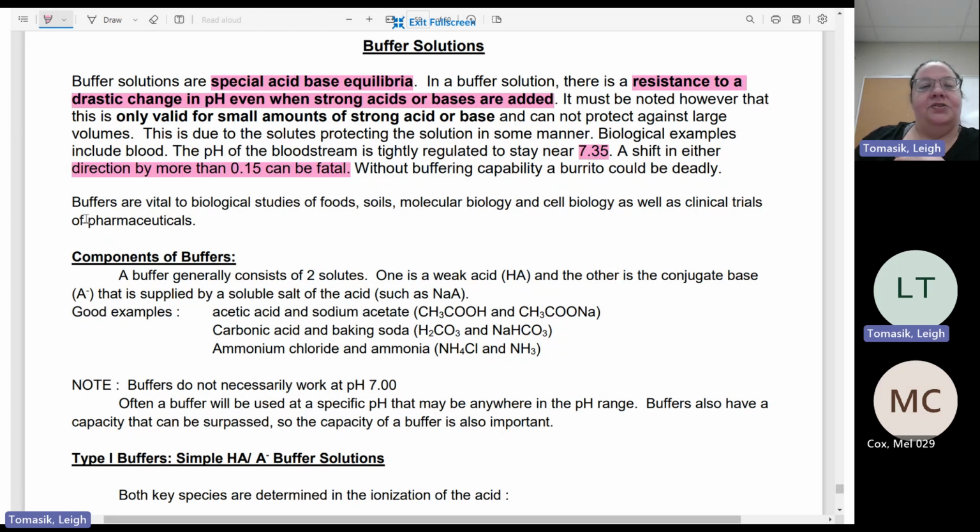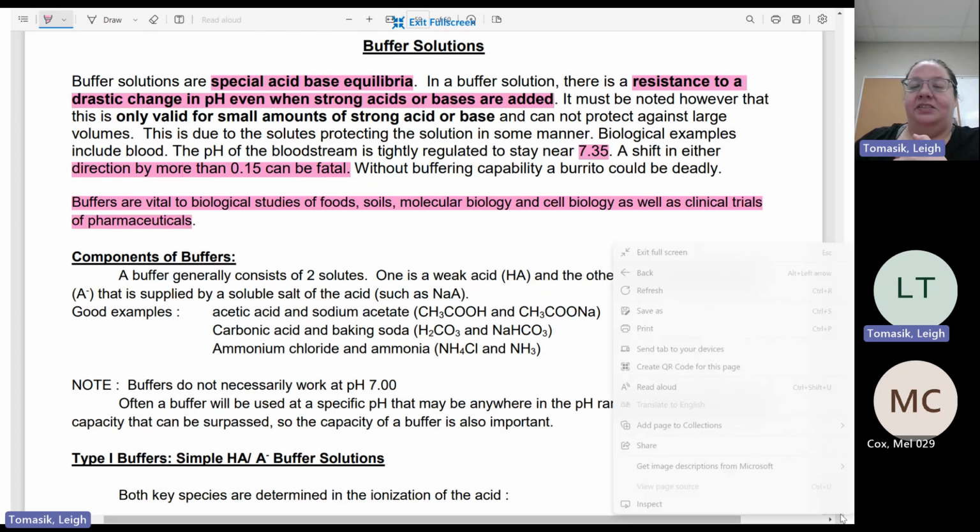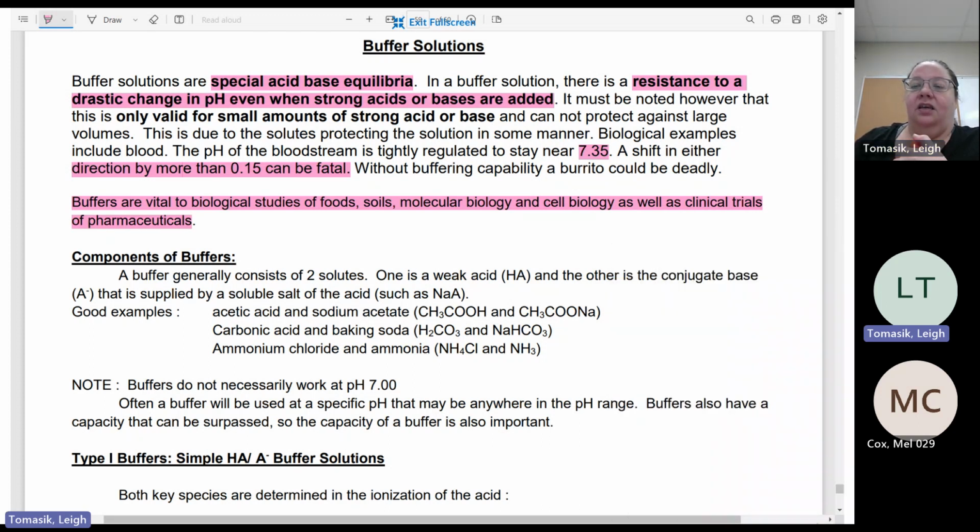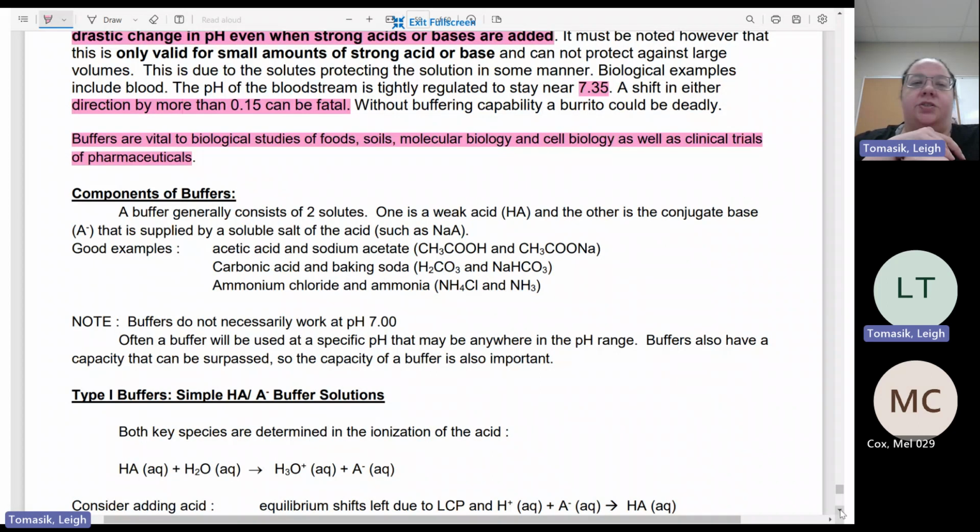Okay. So buffers are vital to biological studies of foods, soils, molecular biology, and cell biology, as well as clinical trials of pharmaceuticals. Okay. So if you're planning on doing anything medical, this is something that you will study a lot in your undergraduate degree.